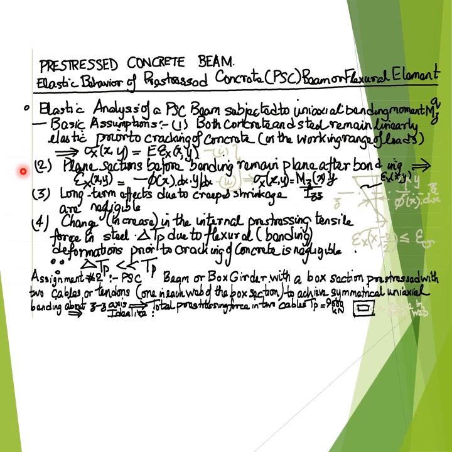The second basic assumption that was employed in the determination of the C line or the center of pressure line in case of the solved example presented in the previous slide, and in general the elastic analysis of a pre-stressed concrete beam subjected to uniaxial bending moments, is that plane sections before bending remain plane after bending.